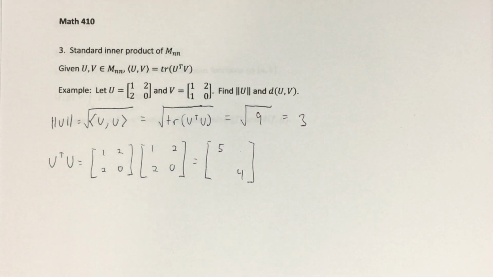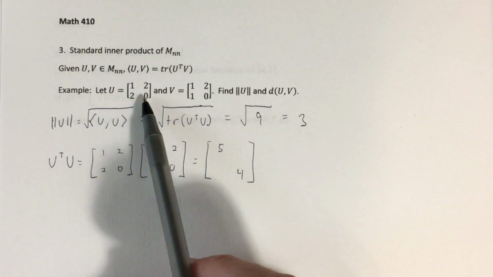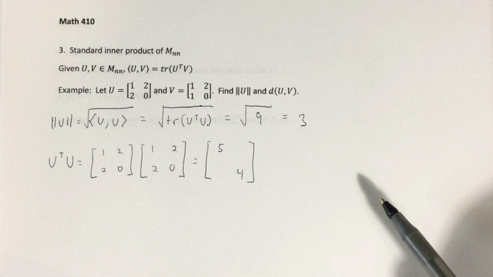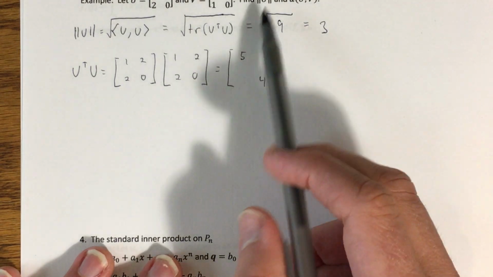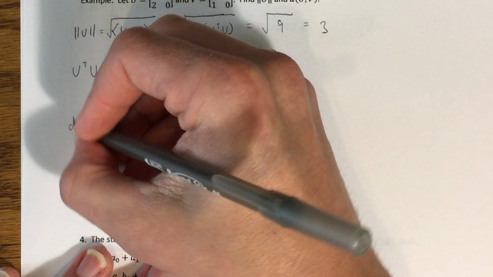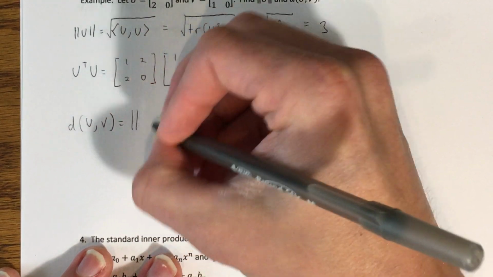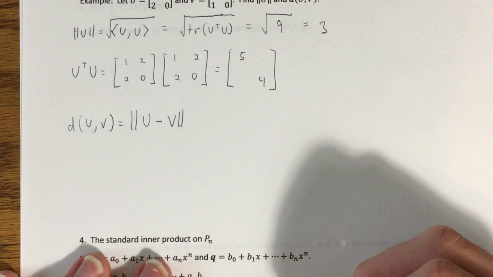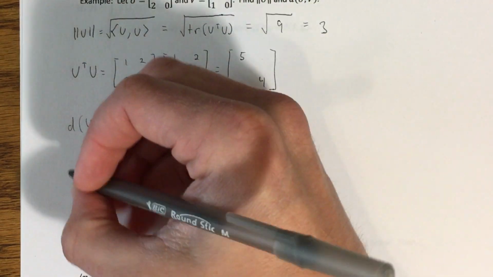Because they're so close to being the same matrix, you may expect the distance between them to be a small number, or a relatively small number. So we're going to test that theory here. So again, if we want to find the distance between U and V, it's the norm of U minus V. So I'm going to compute U minus V.